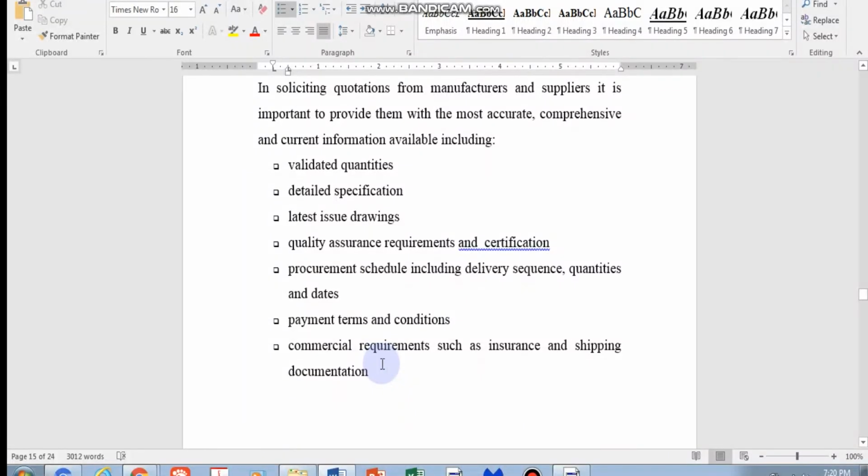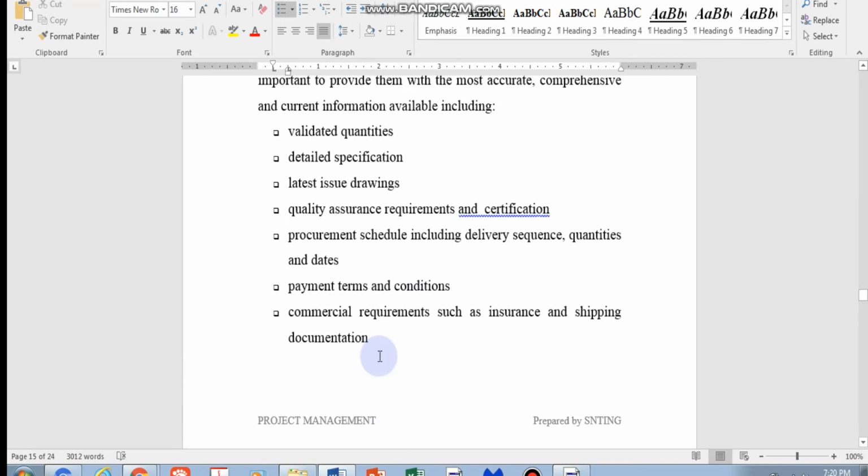So payment conditions, terms, insurances, do you need insurances, do you need shipping documents, do you need an agent to go and release the documents? All this will make a lot of difference in terms of the rate later on. So ladies and gentlemen, when you calculate your construction costs, the rate is so important. I cannot emphasize that enough.